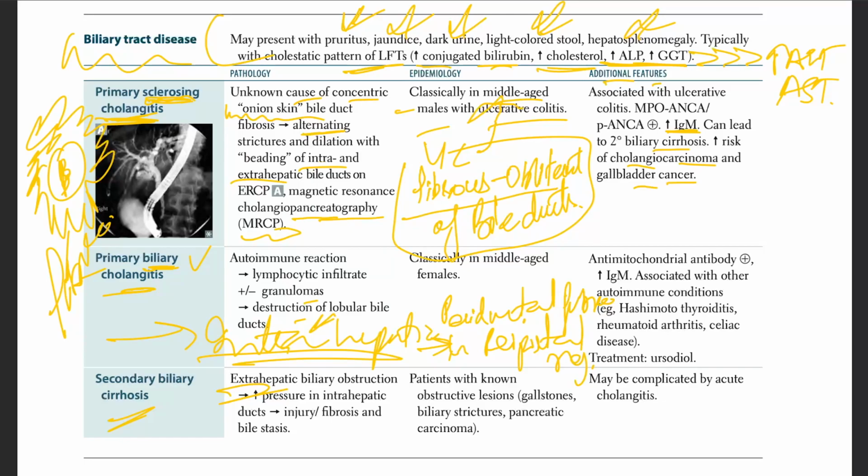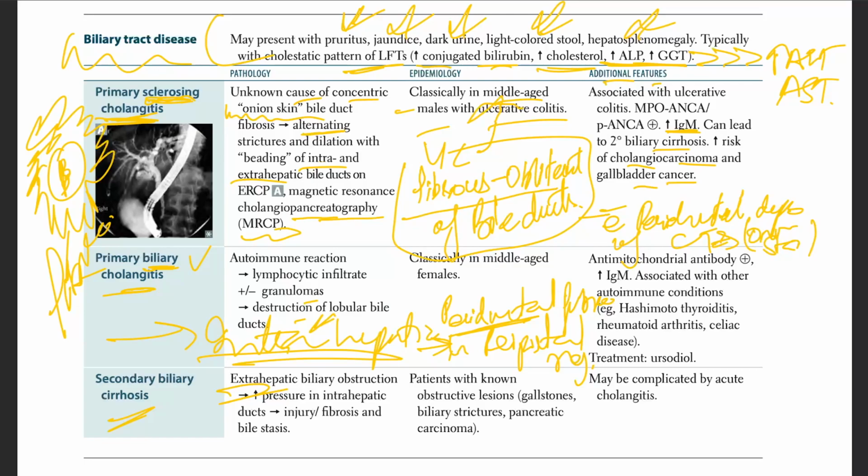And for the top one, we have the fibrous obliteration of the bile ducts with periductal, same thing but different, periductal deposition instead of fibrosis, deposition of connective tissue, which leads to the formation of the onion skin appearance.